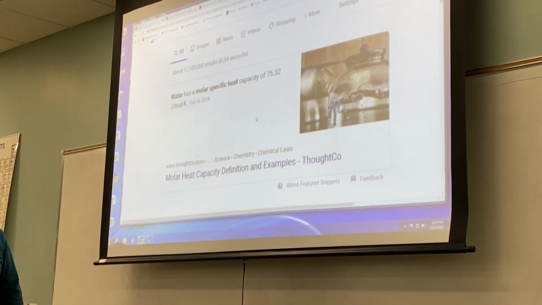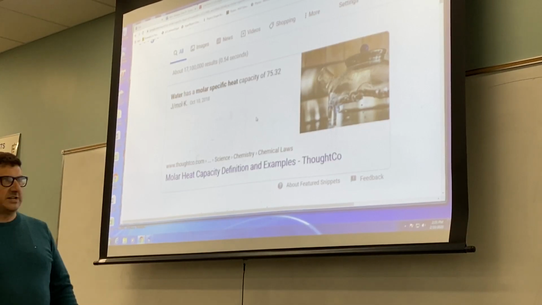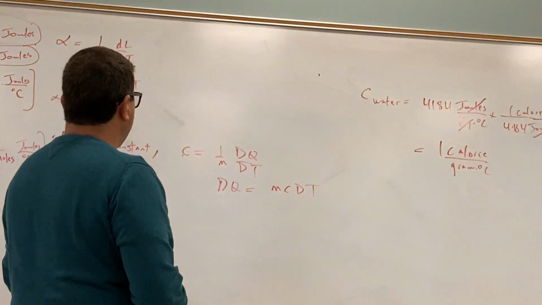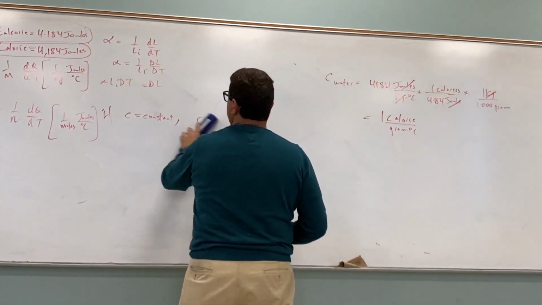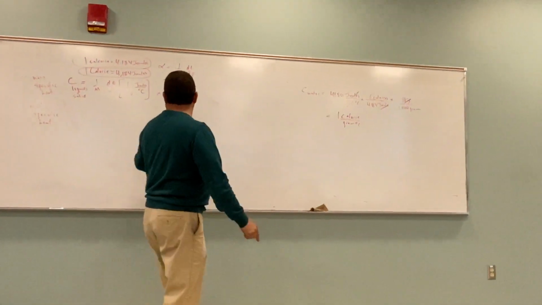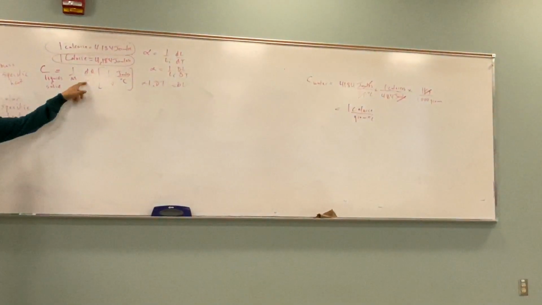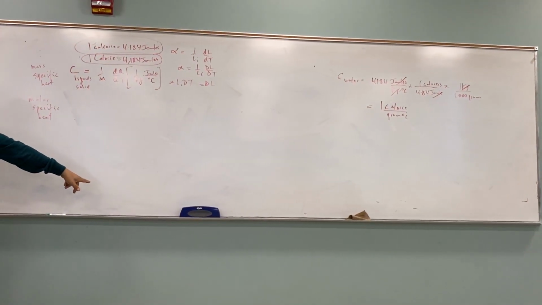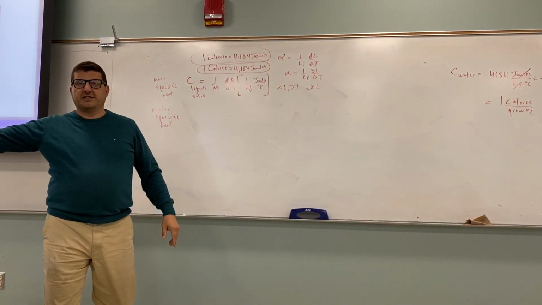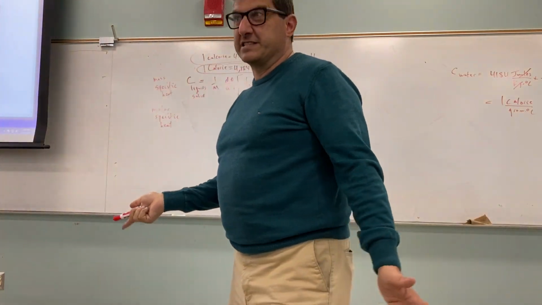So how do we do it? Can we calculate that? How would we do that? We should be able to get any of our specific heats from these units, and change it to a molar specific heat just by looking at the periodic table and finding out how many grams of that substance is in 1 mole of that substance.